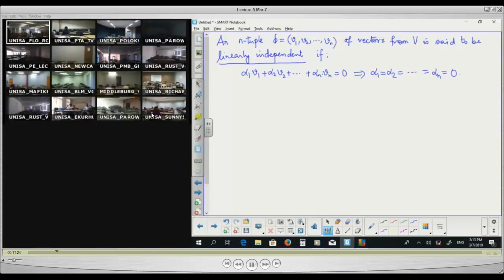An n-tuple is also another name for a list. In a listing you always have an order: the first one in the list, the second one in the list, and so on, right? So I'll also use the word list. So a list of vectors is linearly independent if whenever you have zero represented as a linear combination of the vectors in that list, then it is the trivial one.